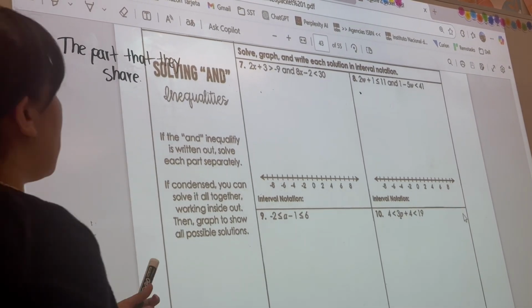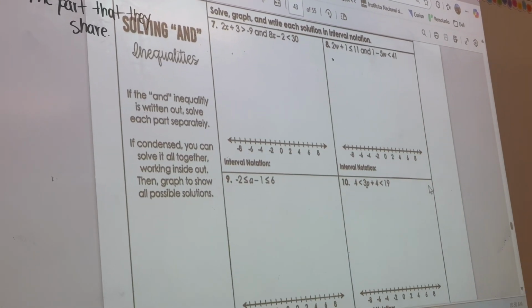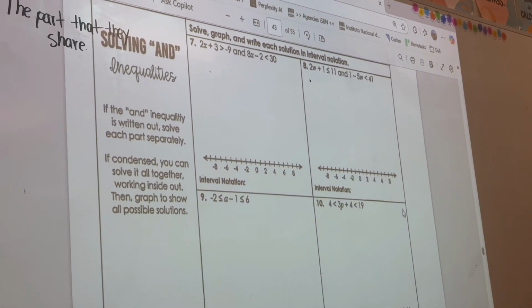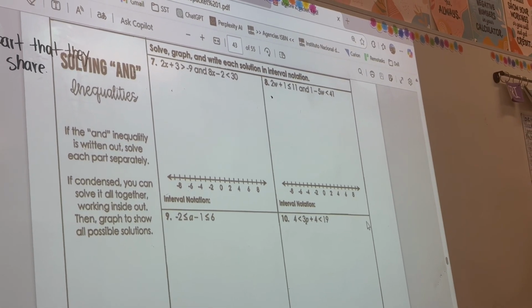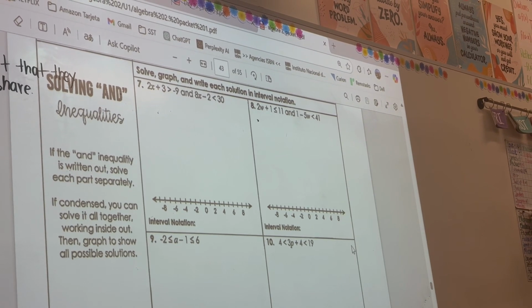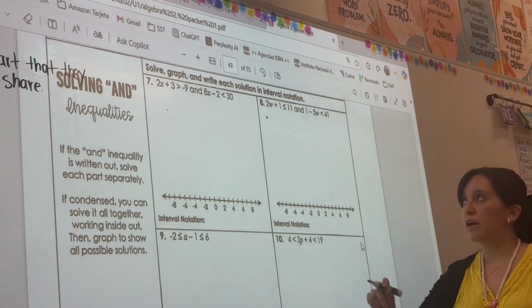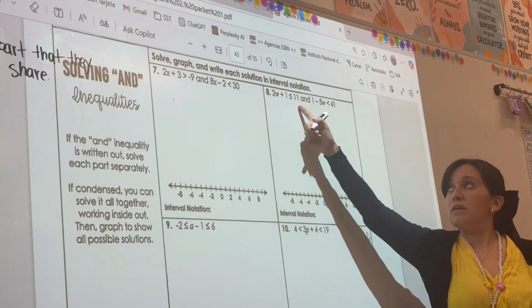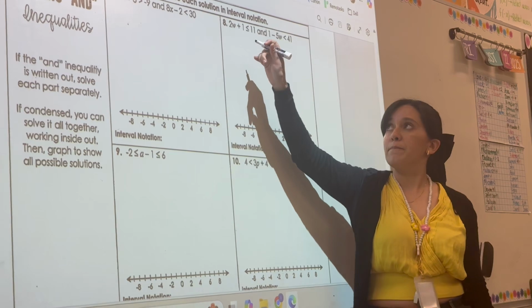Okay, so for number 8, who can tell me what to do?